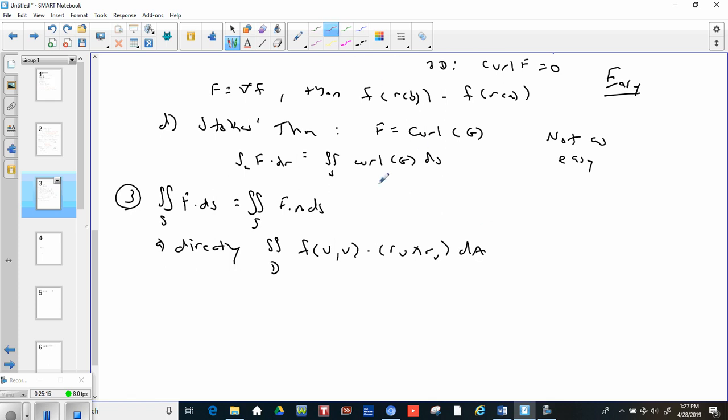Just to remind ourselves what these things are, this right here is the parameters for S, so you're evaluating your function using the parameters of your surface, and then this part right here is the cross product, and it has to be oriented outward.